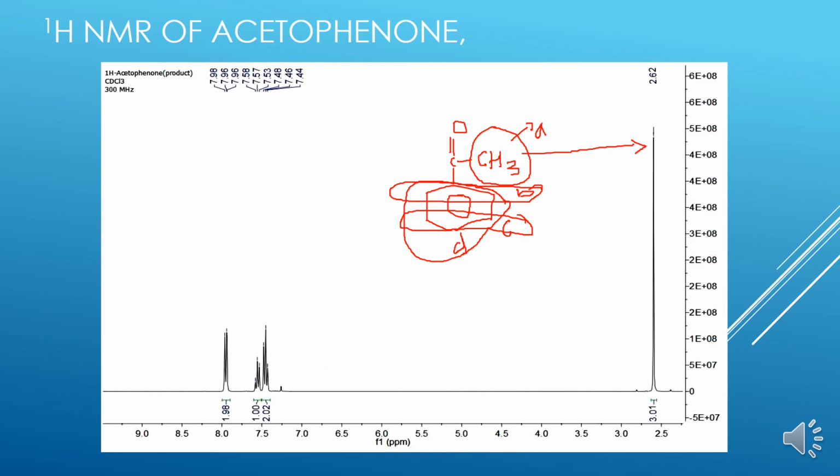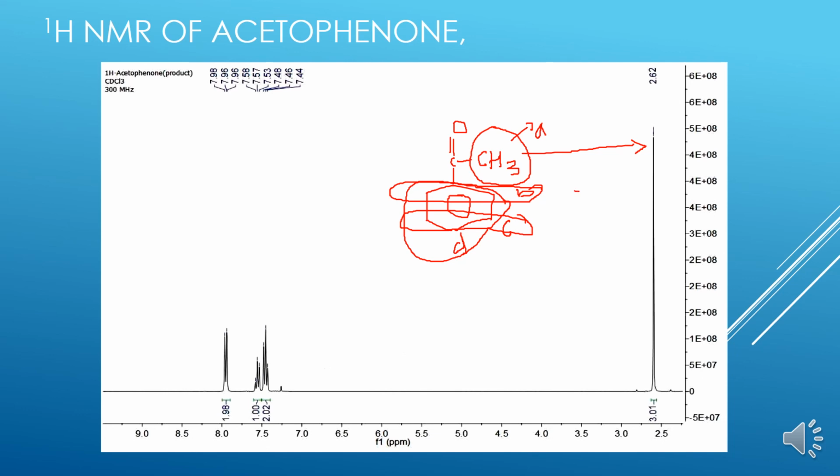The ortho protons split into two peaks, because they have only one neighboring proton: only the meta proton is within proximity.